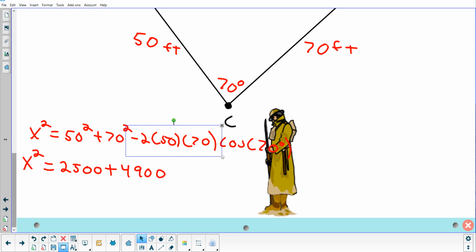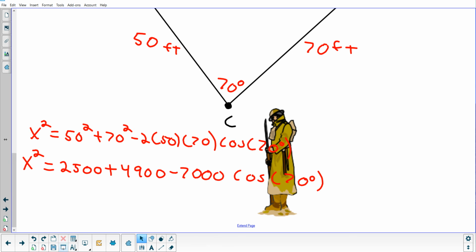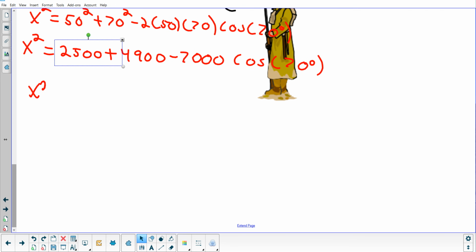And what's 100 times 70? 70 hundreds, or 7,000. So minus 7,000 cosine 70. So we're able to do a little bit without a calculator. I think we can do a little more. What's 2,500 plus 4,900? Yep, so that's 7,400 minus 7,000 cosine 70.